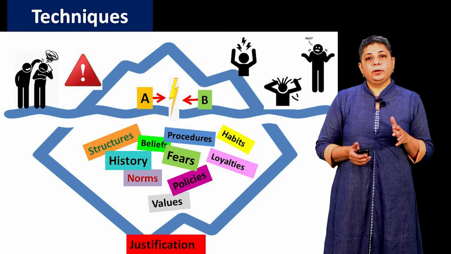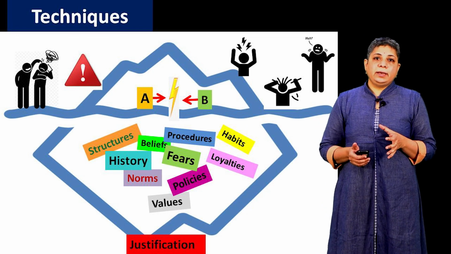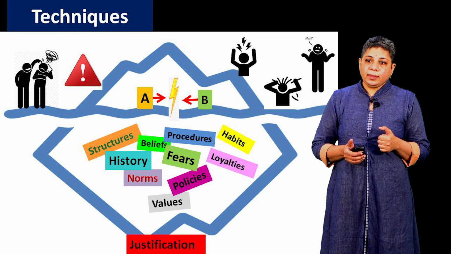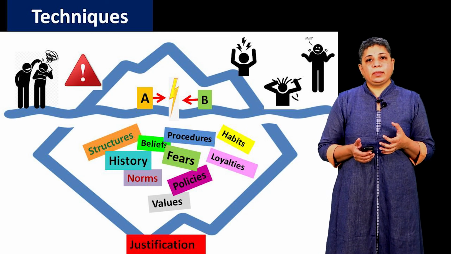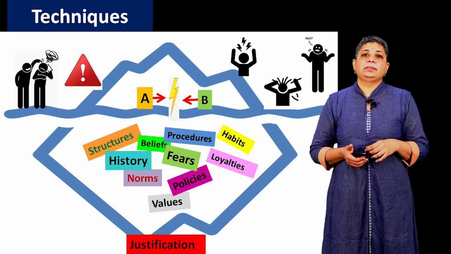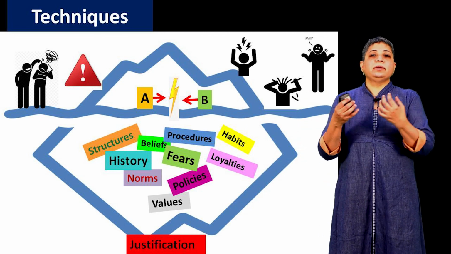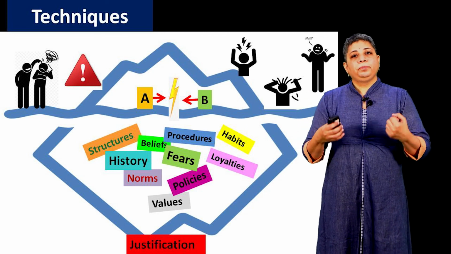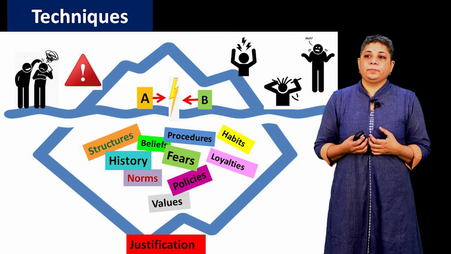So before we go to the techniques, this slide is very, very important, because we need to identify that what we see when we look at conflict on the surface is A not agreeing with B for some reason, and that leading to a disturbance in the environment, or a conflict.